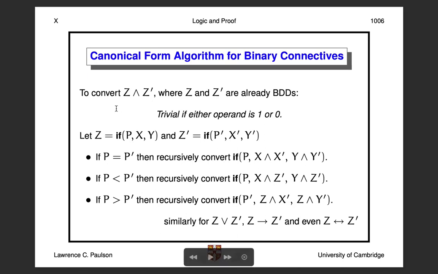First, please note we know the answer already if either operand is 1, because if one of the operands is 1, then the BDD for the conjunction will be the other one, right? And if either operand is 0, then the result will simply be 0. That is, anything ANDed with 0 is 0.